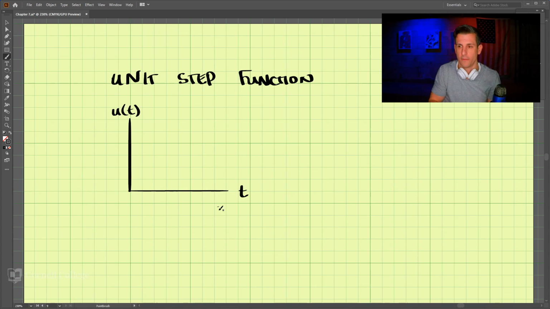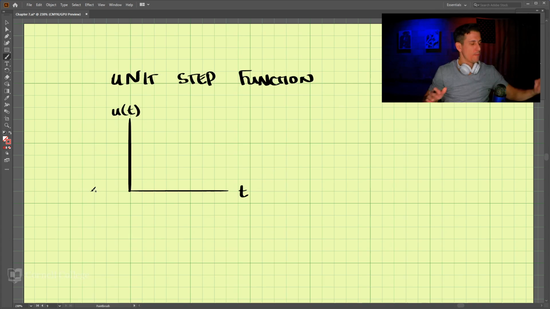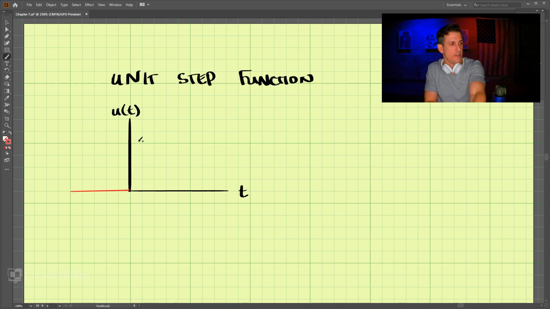What we see is when we turn something on, as we switch something on here, it goes from 0 to 1. And this is what we call the unit step function.